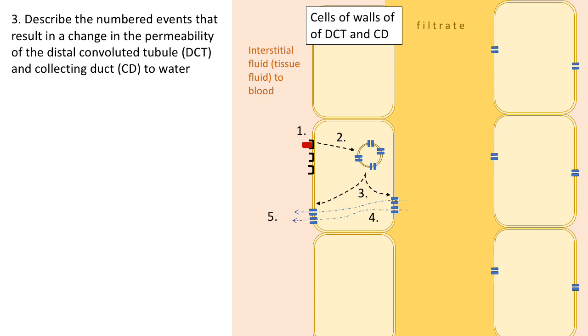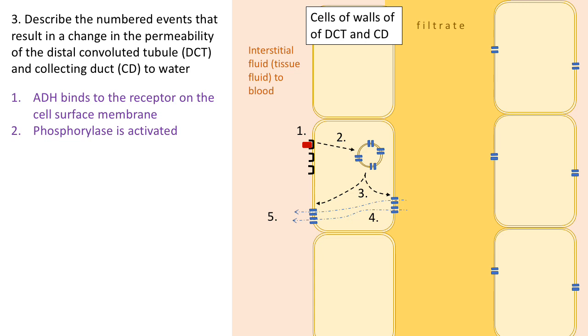Okay, so there's 5 steps. I'd like you to identify what happens. So if you pause the video and have a go at that. Okay, so for 1, ADH binding to the cell surface membrane receptor. This activates second messengers, phosphorylase being an example.